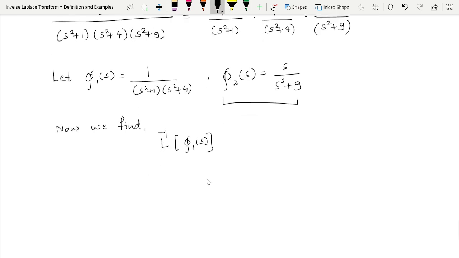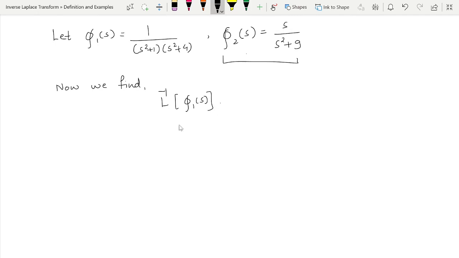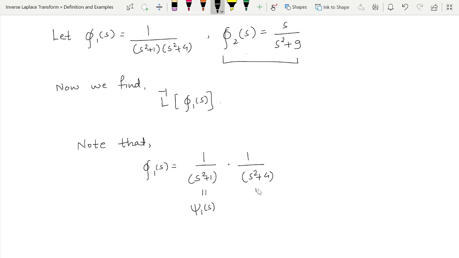So the idea is, again note that how can you write phi 1 of s? Note that this phi 1 of s can be written as 1 upon s square plus 1 multiplied by 1 upon s square plus 4. So I will call the first one psi 1 of s and the second one psi 2 of s.